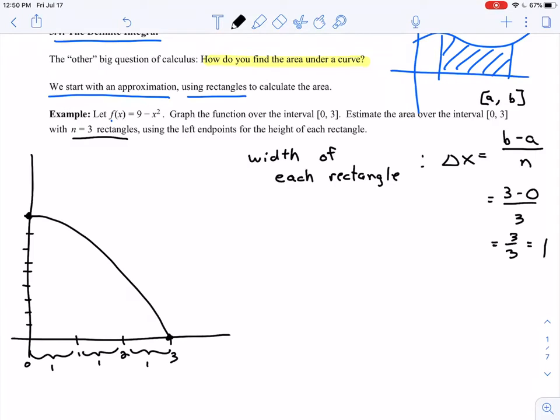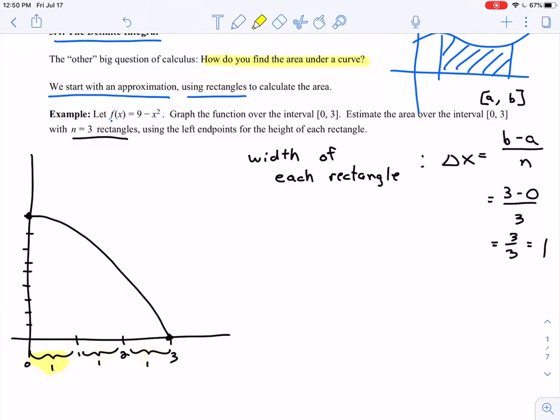And what I'm going to do with each of these pieces now is actually draw in rectangles. I'm going to draw in rectangles using my function to help me determine how high each one of these rectangles should be, because the width is actually already determined. The width is 1. So the width is this piece right here.